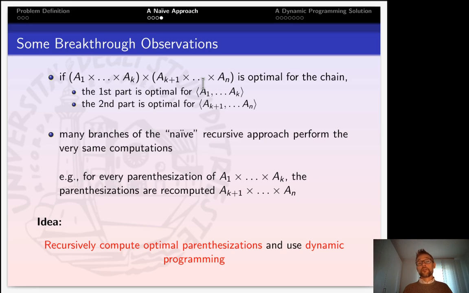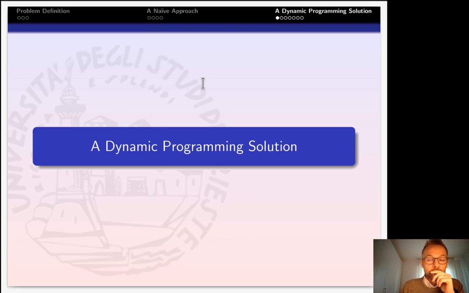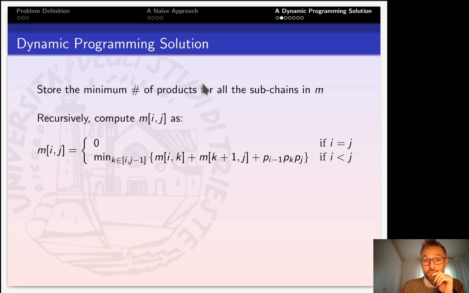Since we know that many of the possible recursive calls were already solved in previous computations, we end up with a subexponential solution. So let's see a dynamic programming solution.